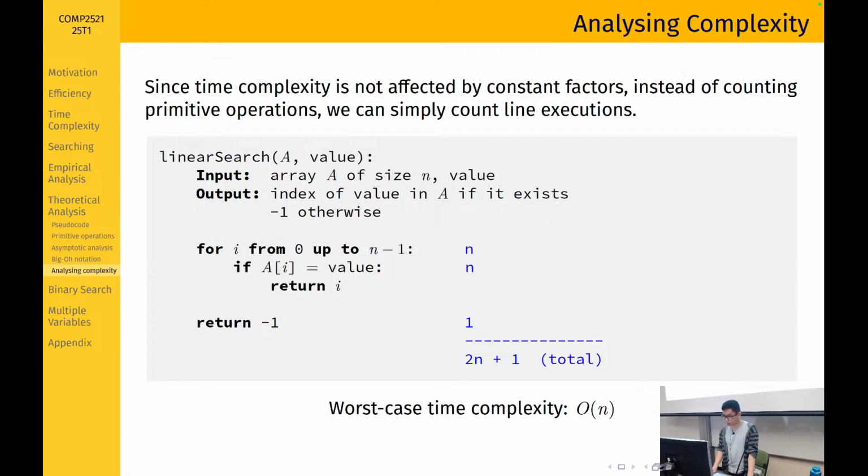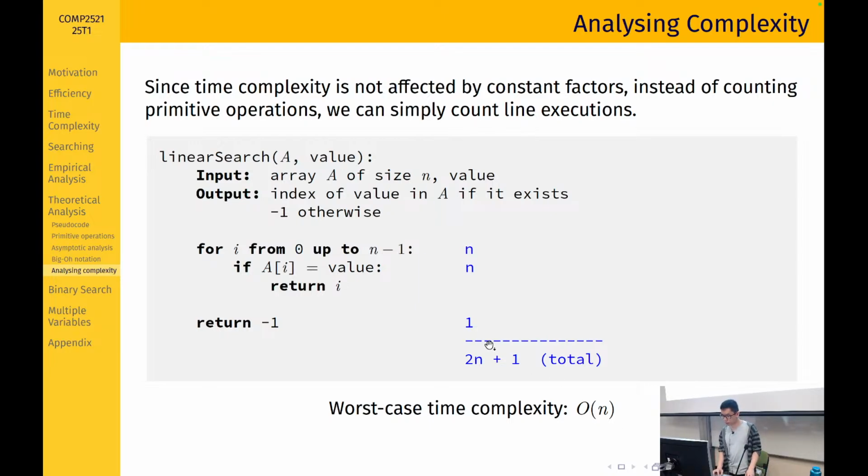Cool, so yeah, the example is here. If we count the number of line executions, get rid of the lower order terms and constant factors, we get big O of n. Okay, so there's a question asking whether I can explain what we mean by line executions. Yep, line executions is how many times each line runs.